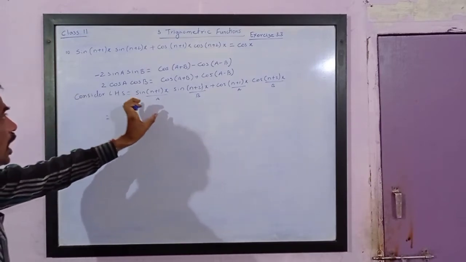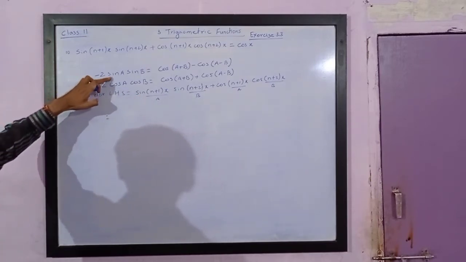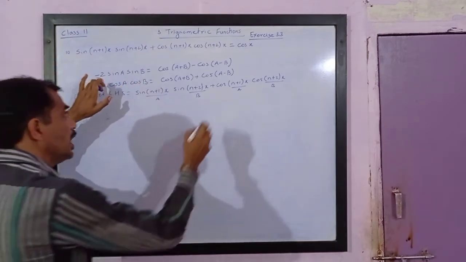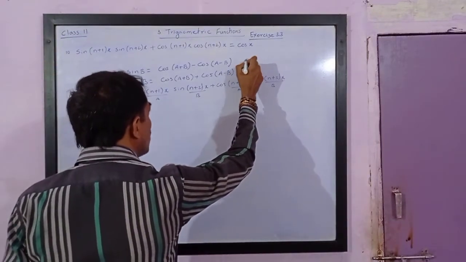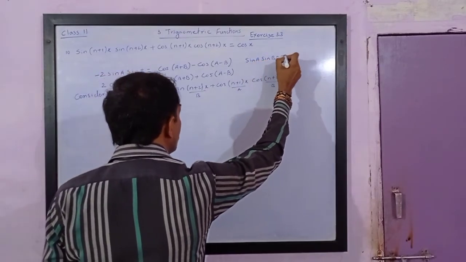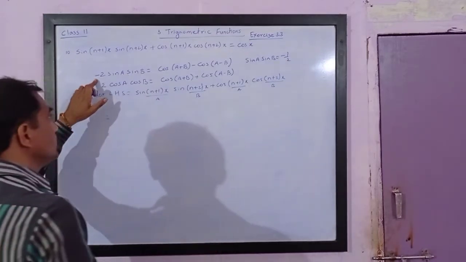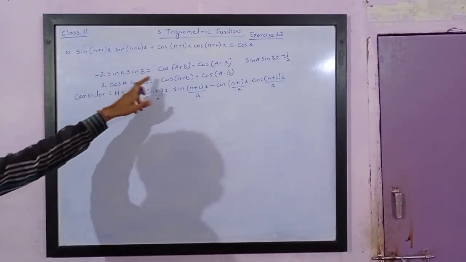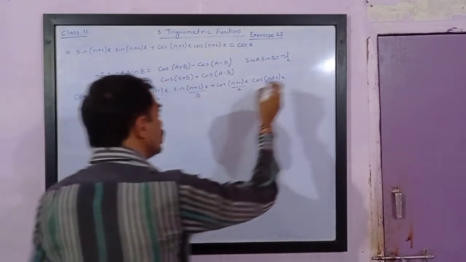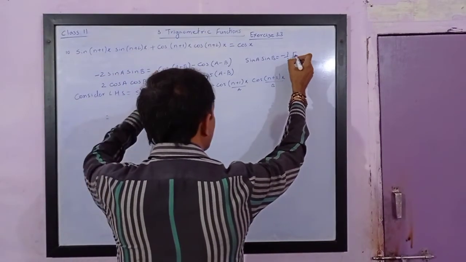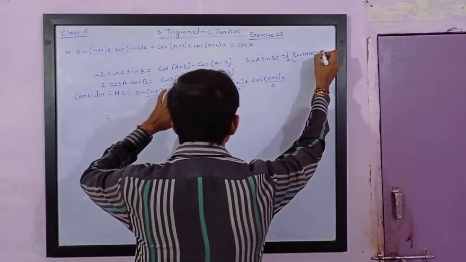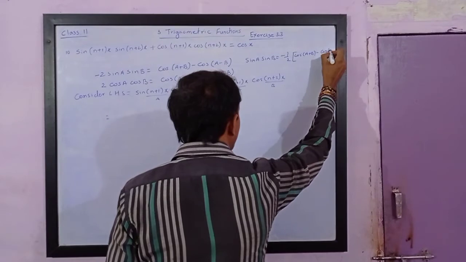Now in order to get this, please understand: sin a into sin b is equal to minus 1 upon 2, transposing to the right hand side, it will divide since it is multiplied, into cos(a plus b) minus cos(a minus b).